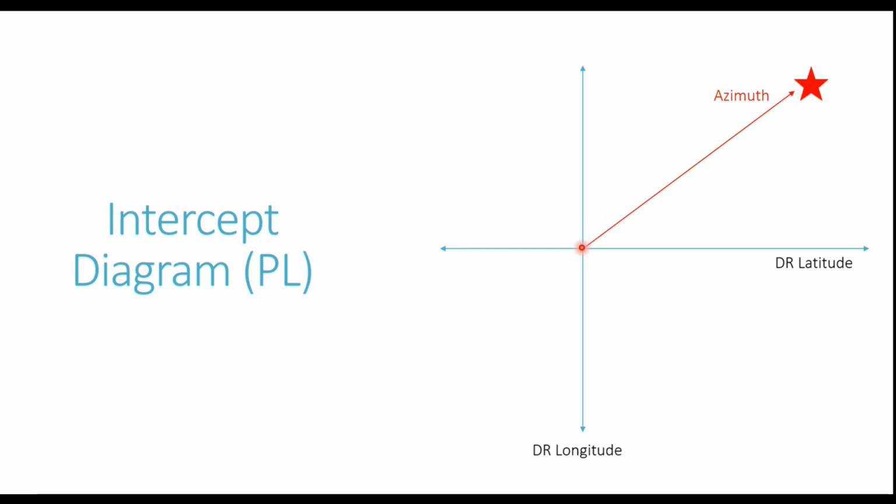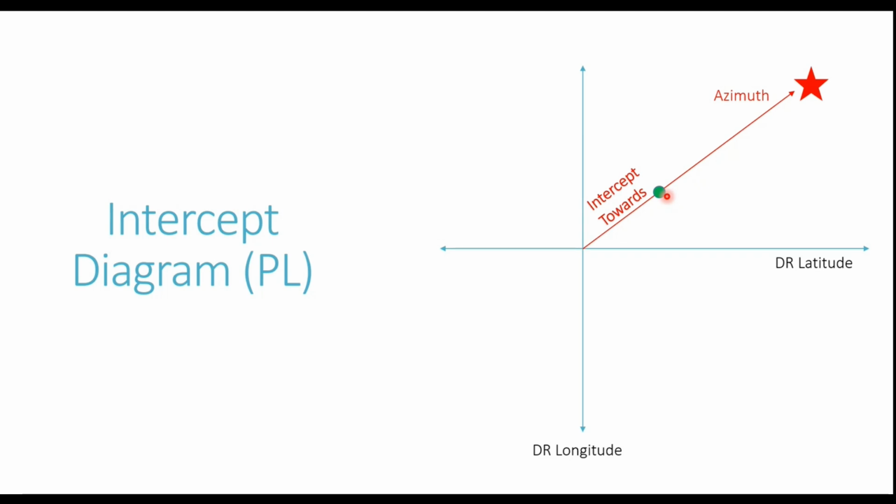So from the DR position, you go towards the body a distance equal to the intercept. Once you cover that distance, the point where you reach is the point from where the PL will be passing. This point is known as the intercept terminal point, or ITP.